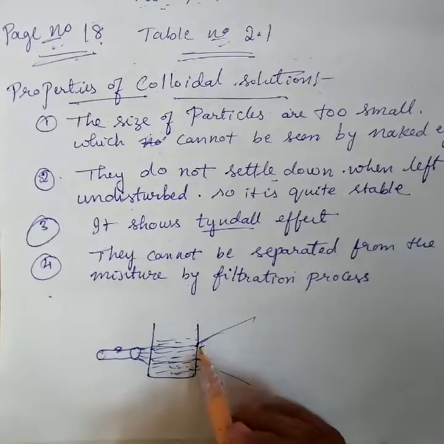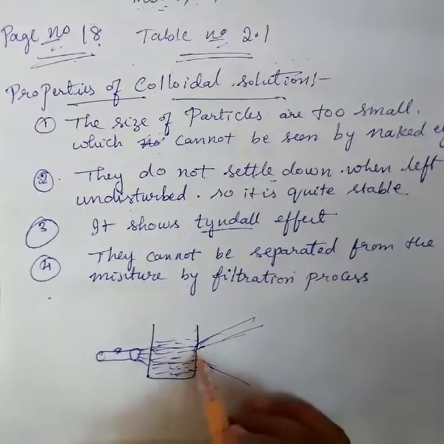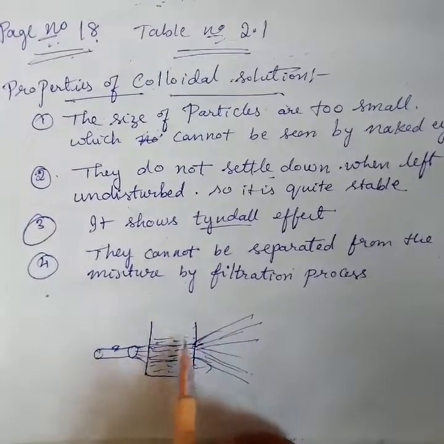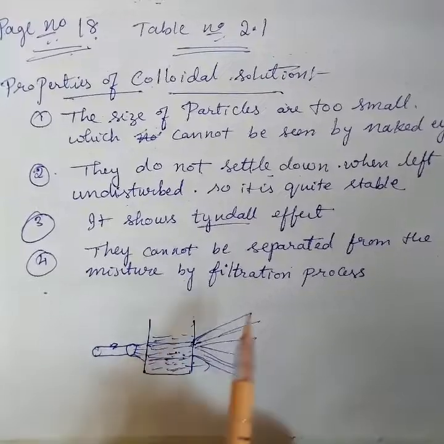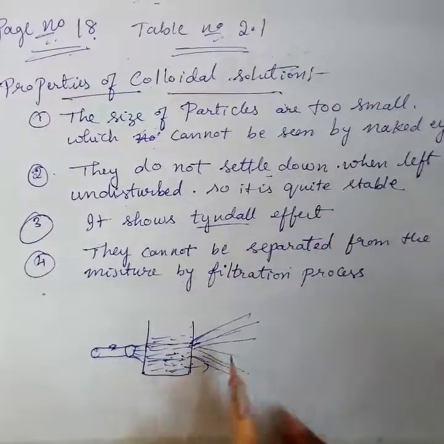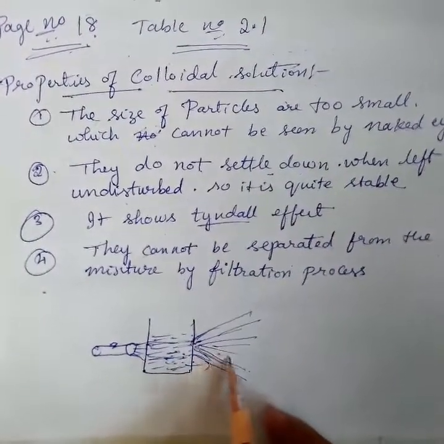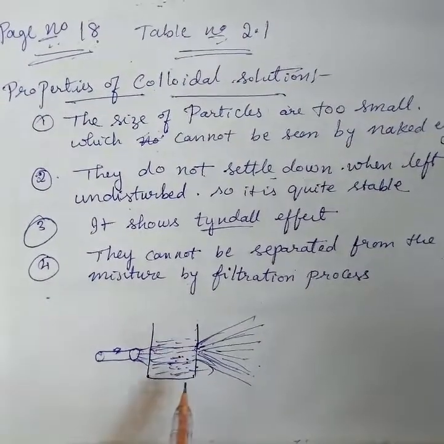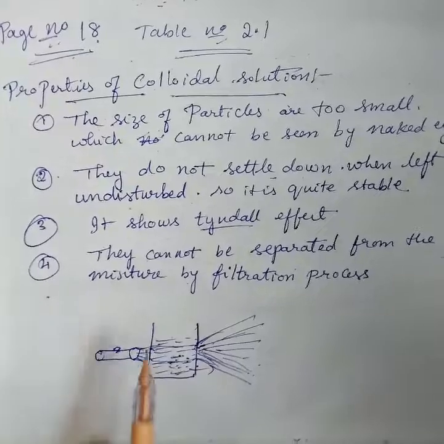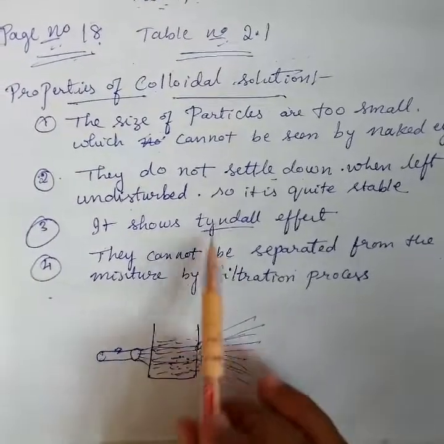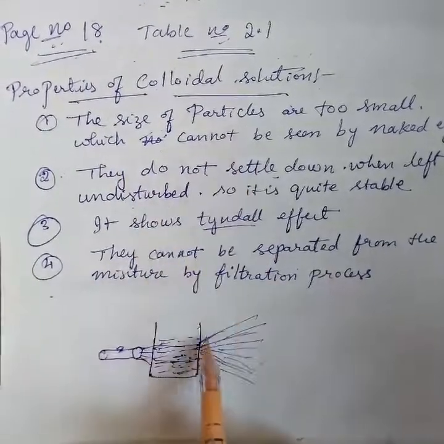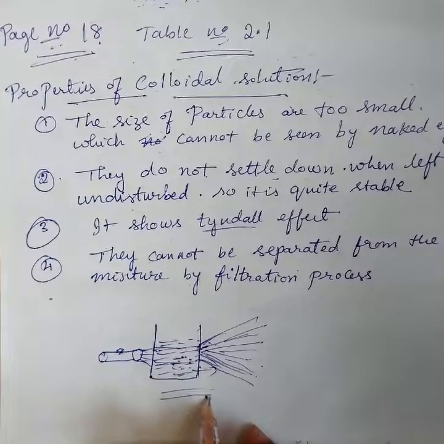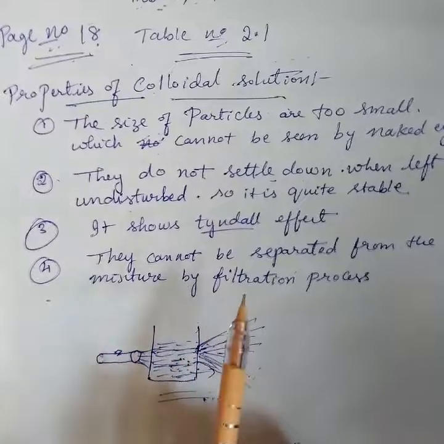It scatters the beam of light, so that is called the Tyndall effect. The particles are not seen with the naked eyes, but they help to scatter the beam of light, that is the Tyndall effect. In a solution, the Tyndall effect does not show. A suspension also shows the Tyndall effect, and a colloidal solution also shows the Tyndall effect. Okay, this is about colloidal solution.